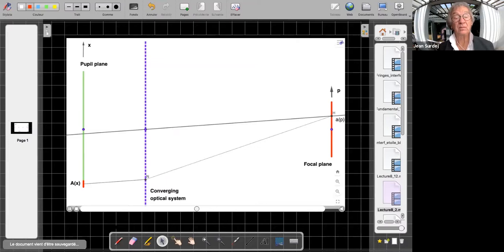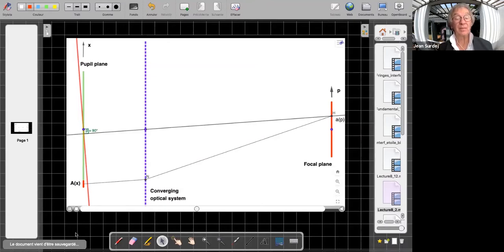A very important line of reference is the one represented in red here. It's perpendicular to all these parallel rays. So you see 90 degrees, which means that they belong to the same wavefront, that all the points are vibrating in phase.